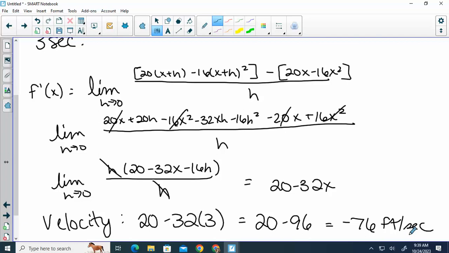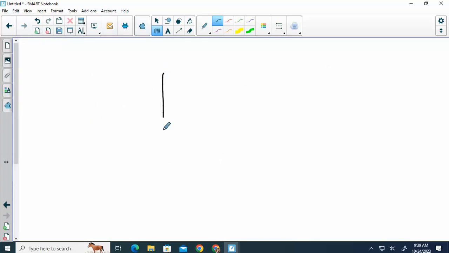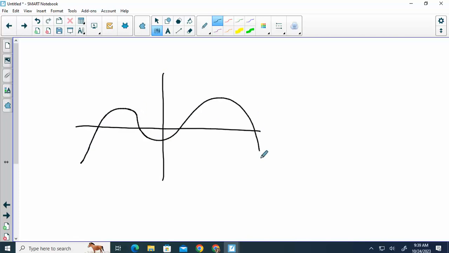So then I would probably do something with the graphs. You had a couple questions at the end of the homework that gave you a couple graphs and said, you know, figure out which one's the derivative of which, or I might just give you one and say sketch the derivative. So if I ask you to, let's say this is my function. Draw the derivative. So we know anywhere this has a maximum or a minimum, what's true about my derivative? 0.